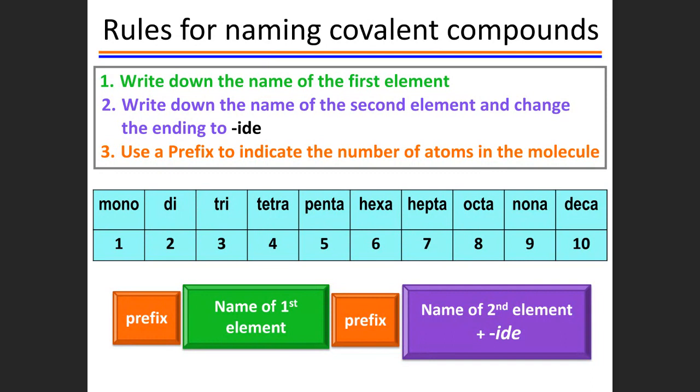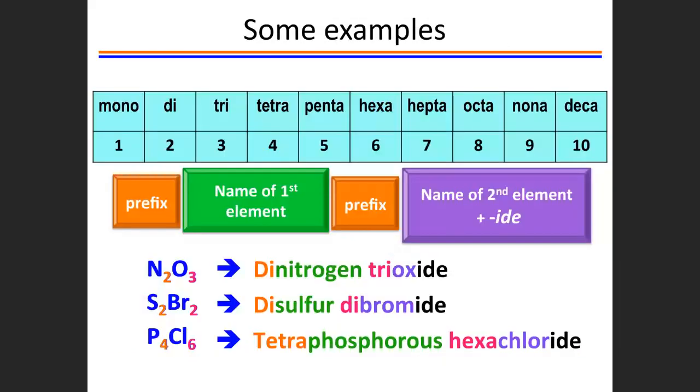Sometimes you will also see exceptions, and we will notify you at that time. Some examples: dinitrogen trioxide, disulfur dibromide, tetraphosphorus hexachloride. You have to practice a little bit, then you will be very familiar with it.